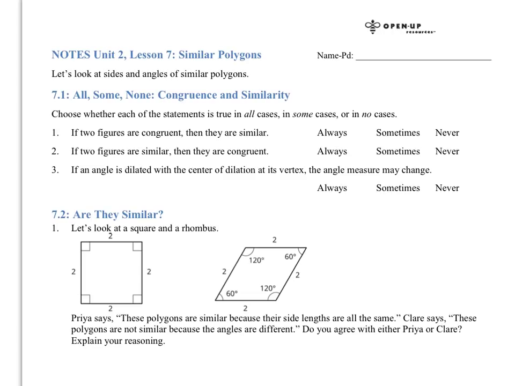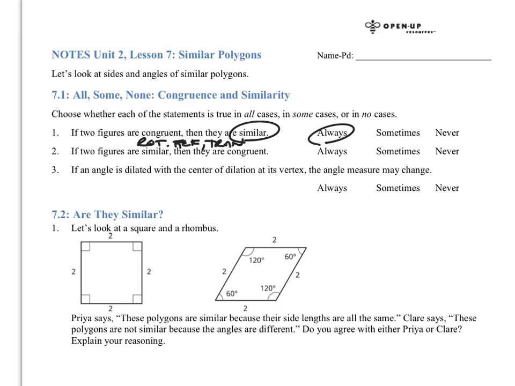In this first example, we're asked: if two figures are congruent, then they are similar. To be congruent, if you recall, we have rotation, reflection, and translation. It was from these three transformations that we then also included dilation to establish similarity. So because these three transformations establish congruence, they will always establish similarity.